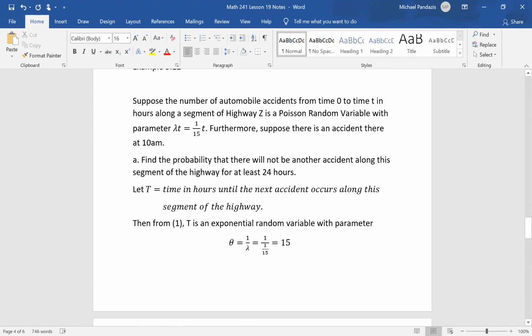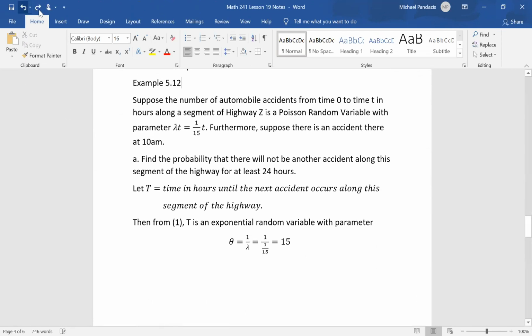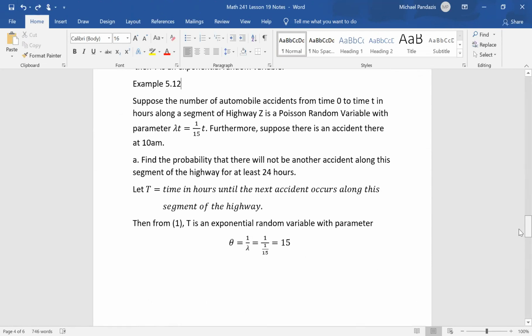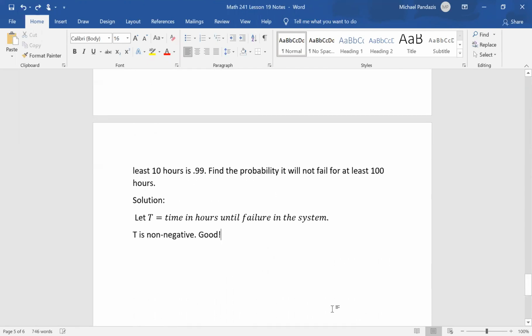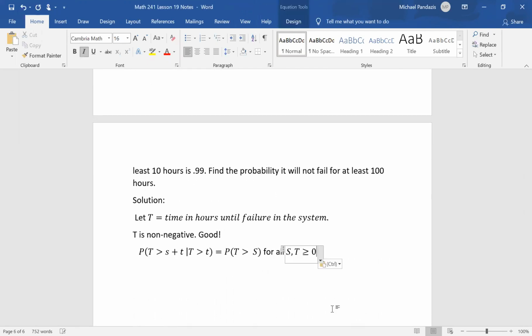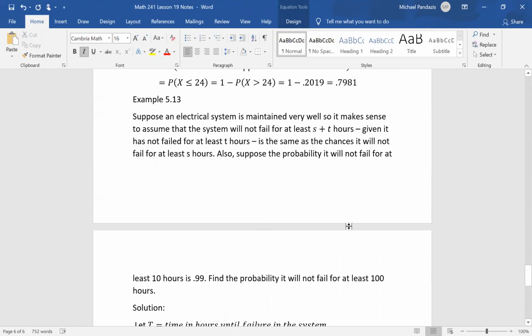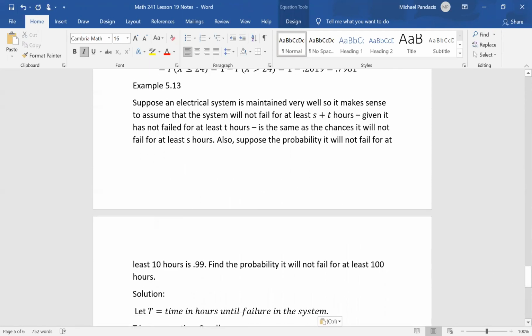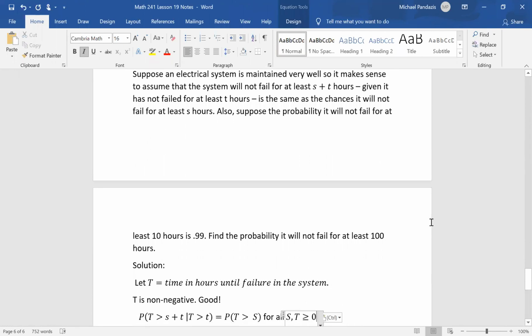So what we want is this. Let's look at this problem again, see if this happens. It does.